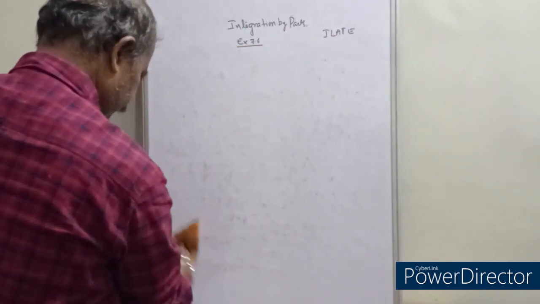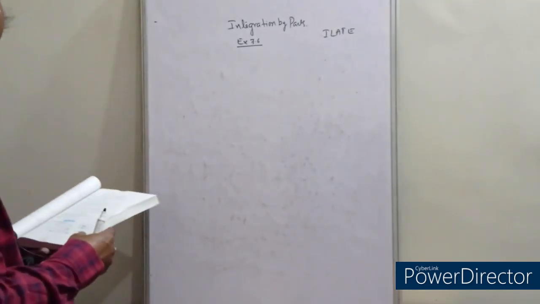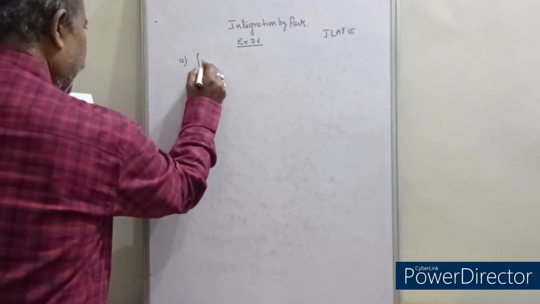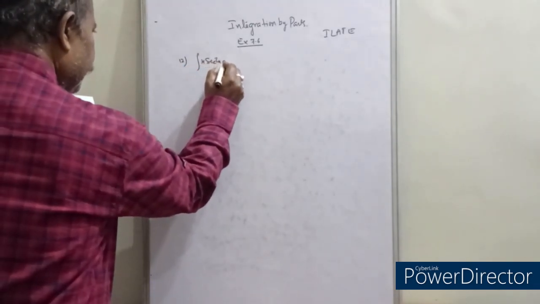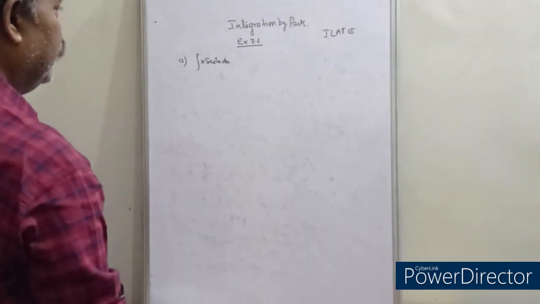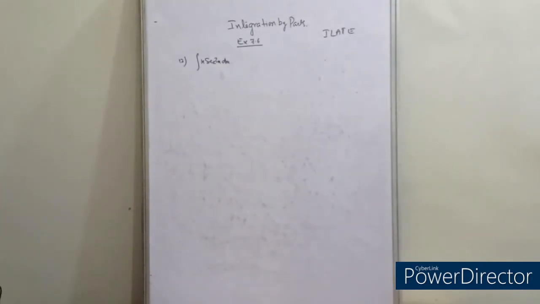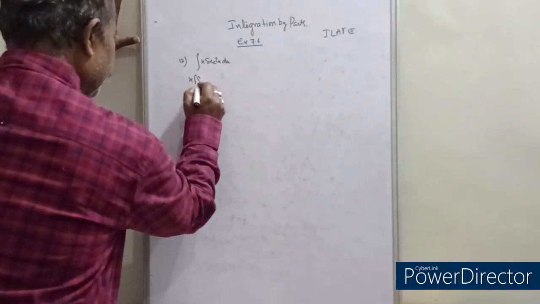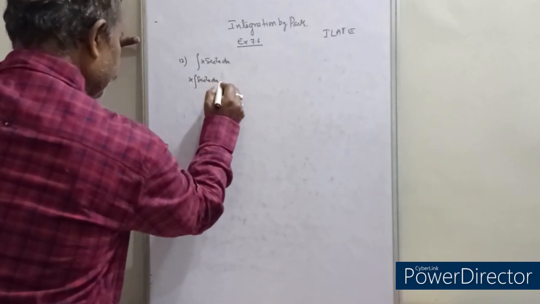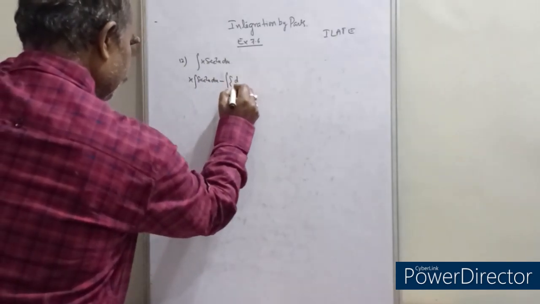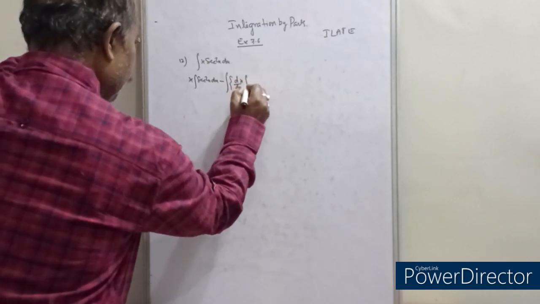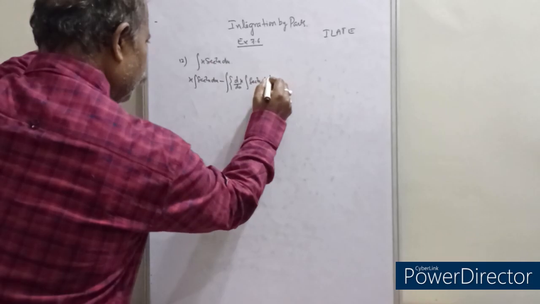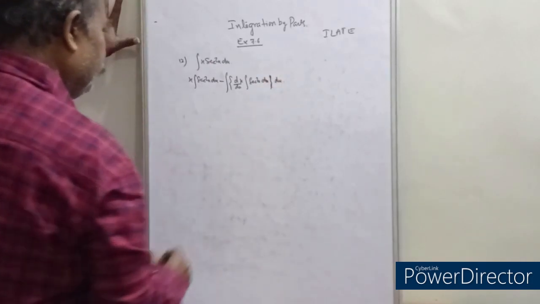In question number 12, again this is integration of x sec square x dx. So here you see x is algebra and sec is trigonometry. So algebra is the first function, x integration of sec square x dx minus, open curly bracket, differentiation of first function, integration of second function, close curly bracket dx.